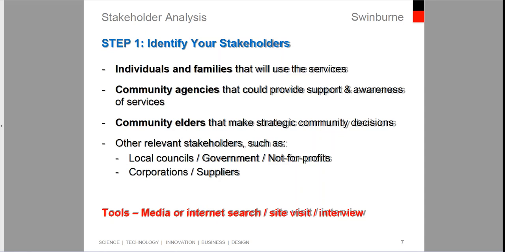So you need to consider the families, the smallest unit in that particular community, first, right? Identifying their needs, their preferences, and the challenges will help to create services that are culturally sensitive and responsive, right? And also we need to consider community agencies for their support and awareness.